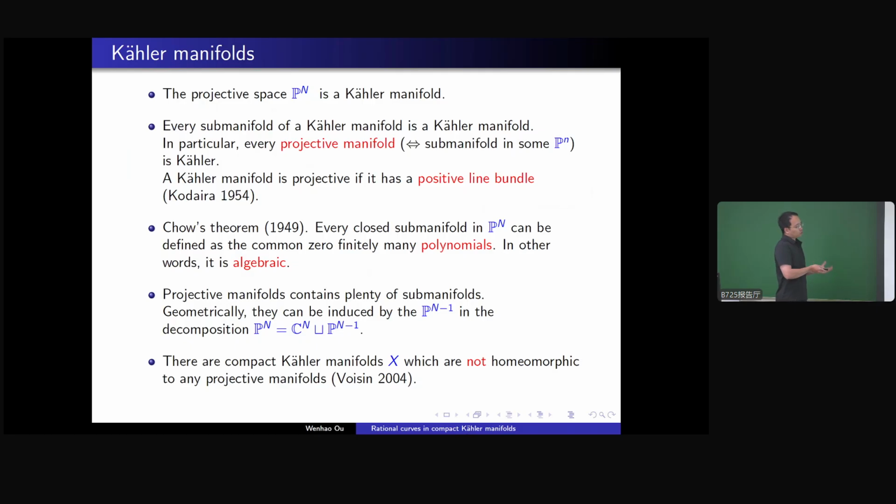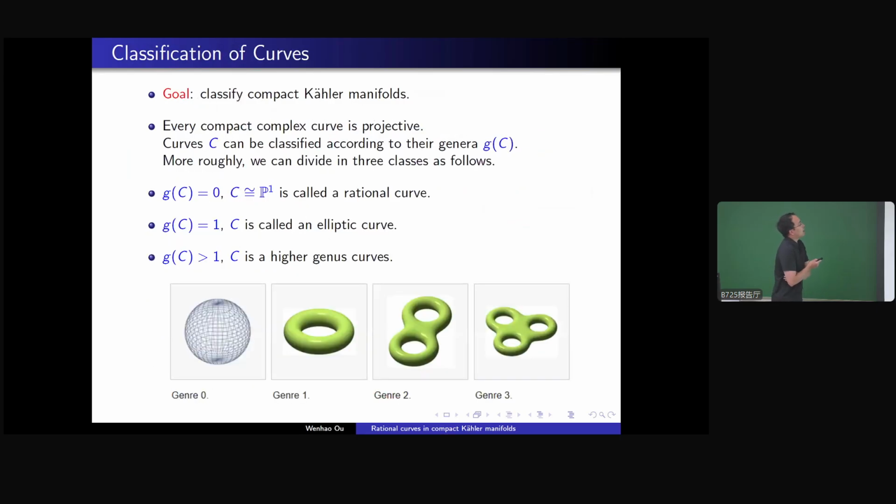So the topological types of compact Kähler manifolds are much more varied than those of projective manifolds. The goal of our study is to classify compact Kähler manifolds.